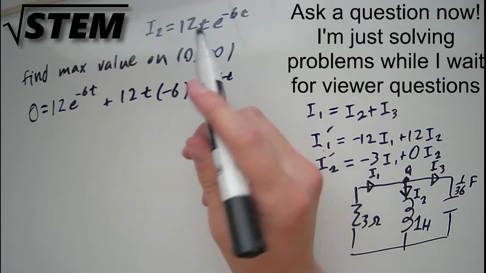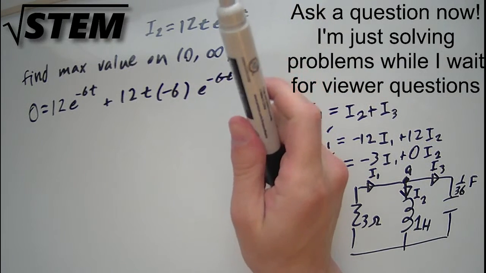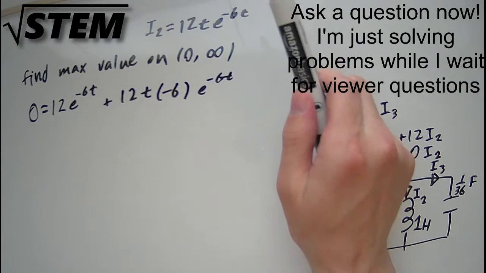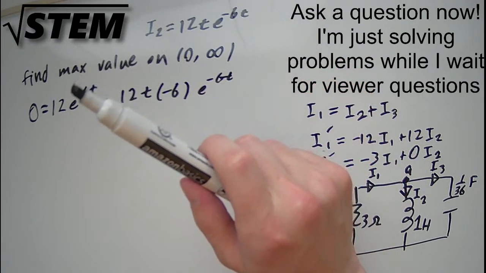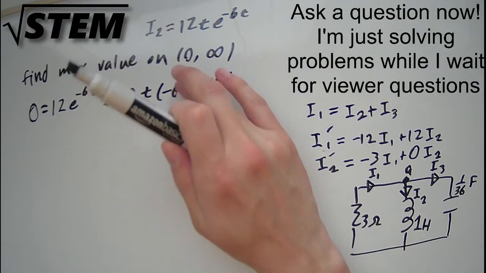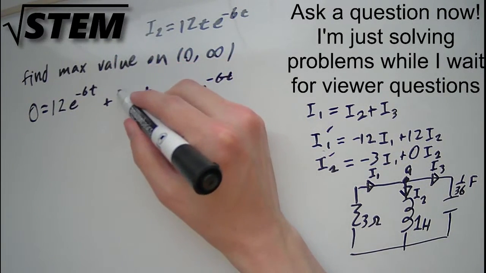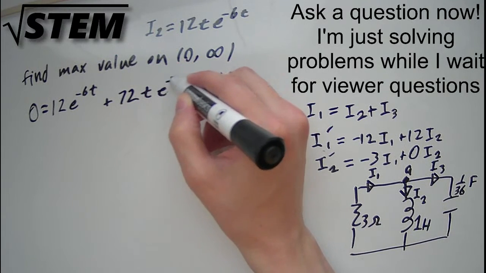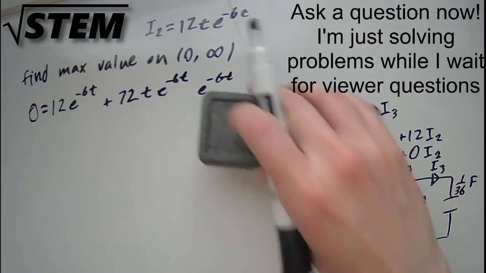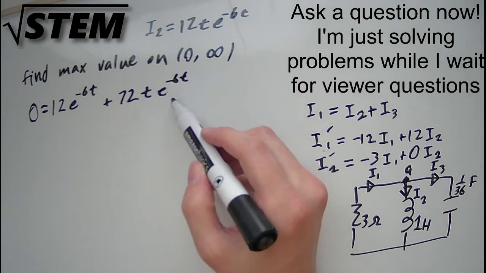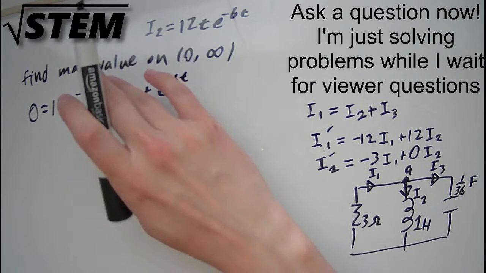12 times 6, that's 6 times 6 times 2, which is 36 times 2, which is 72. So this is 72t e to the negative 6t. Oh, you know what? I'm not going to do that.